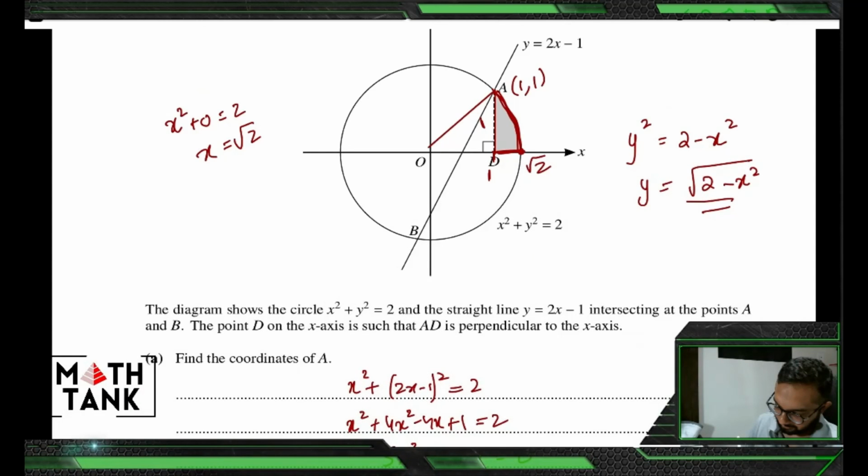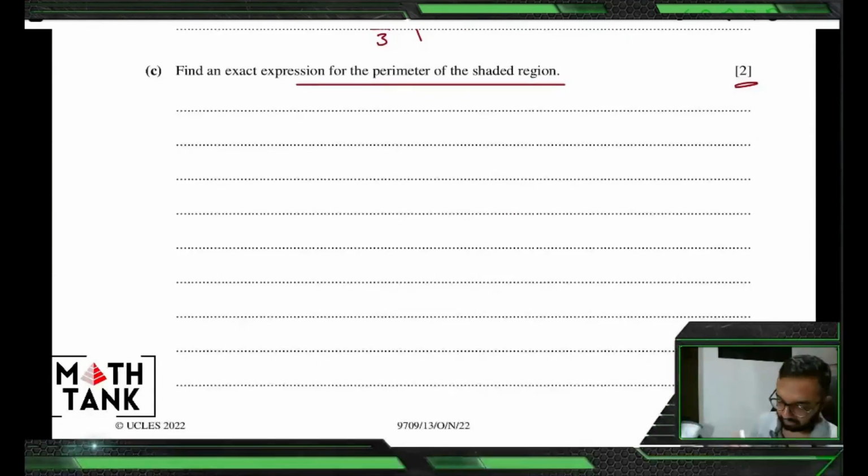Then if that's the sector, I will need to first find out what this angle is. Now if this coordinate was 1 comma 1, then this angle is basically just 45 degrees or pi over 4, and that is obvious from the coordinates that you're given. So I can just say that the perimeter is basically the vertical length plus the horizontal length plus r theta. r is root 2 and theta is pi over 4.